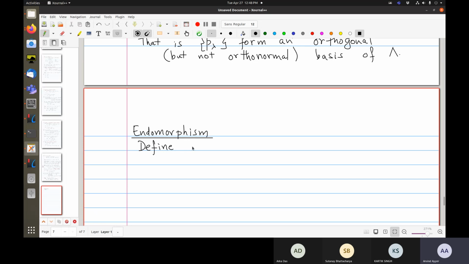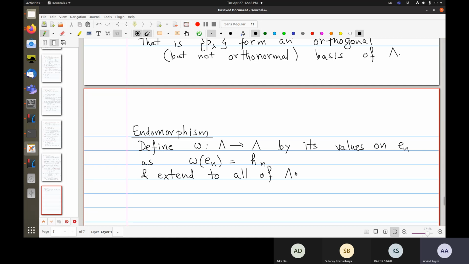So, define omega from lambda to lambda by its values on En: omega of En is Hn, and extend to all of lambda by using the algebra structure.